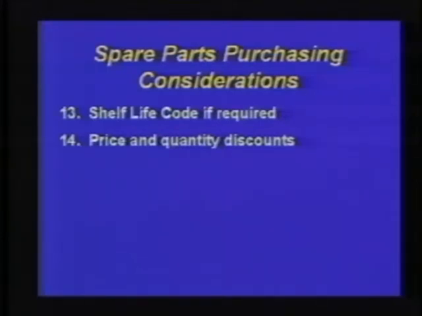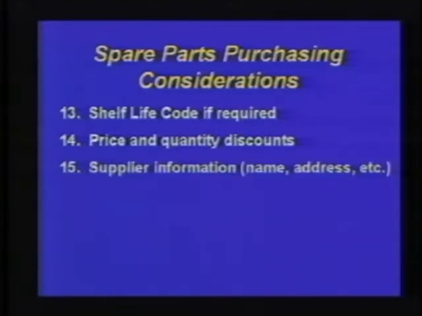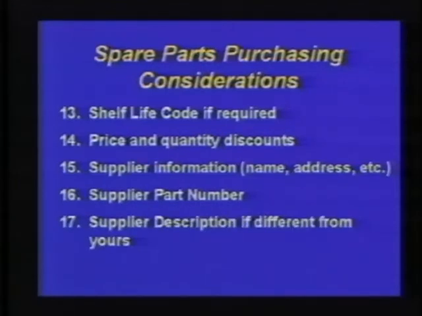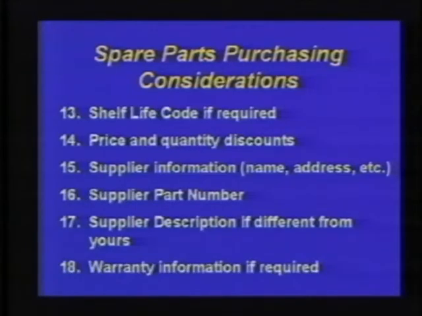And again, the other information relative to the supplier, which is item number 15, and the supplier part number and the supplier description if it's different from yours, and you definitely need that information in your supplier database. And then as 18 indicates, any warranty information if required.